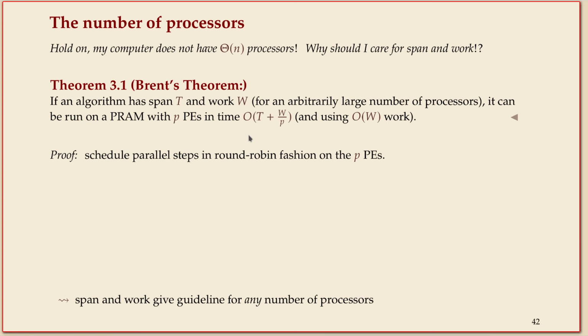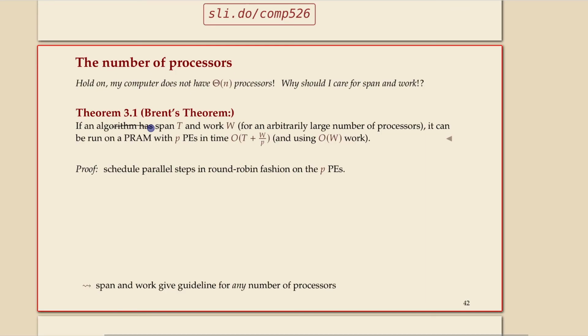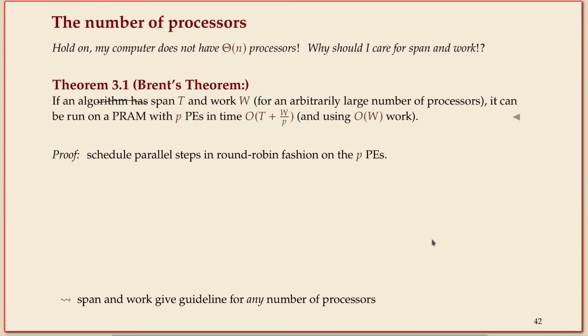And this is what's known as Brent's theorem. If you have any parallel algorithm that has a given span, t, and a given work, w, where the work and the span assume that you have as many processors as you want, then you can actually execute this on a PRAM with p processing elements.